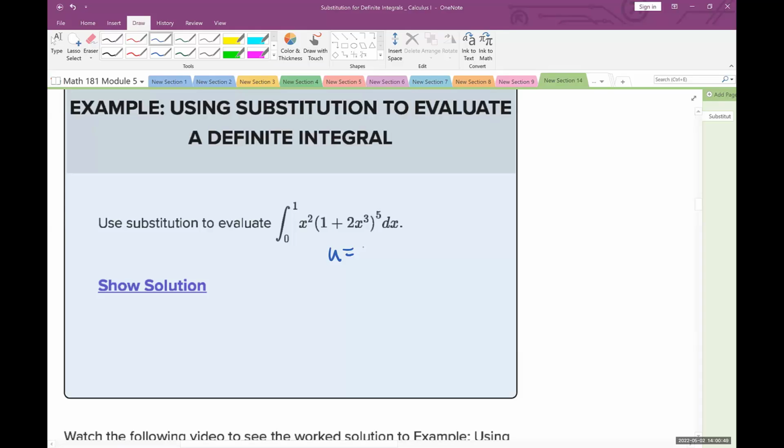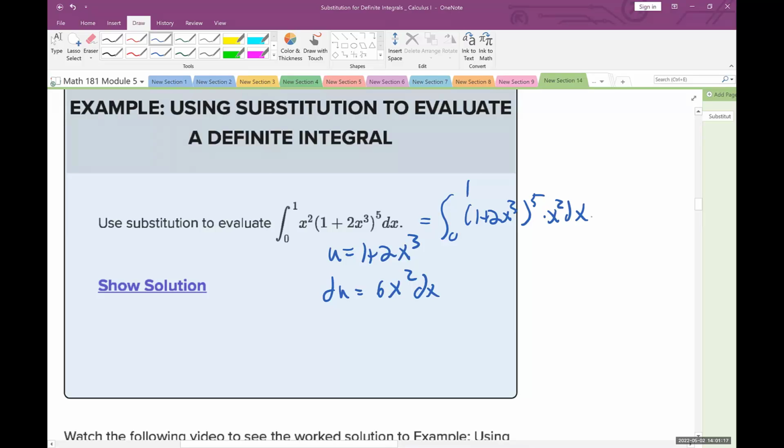What's our inside function? 1 plus 2x to the third power. Thank you. So our du would be 6x squared dx. We don't have a 6x squared, we have an x squared dx. So we're missing the 6, so we'll divide by the 6. We'll have 1/6 du equals x squared dx.